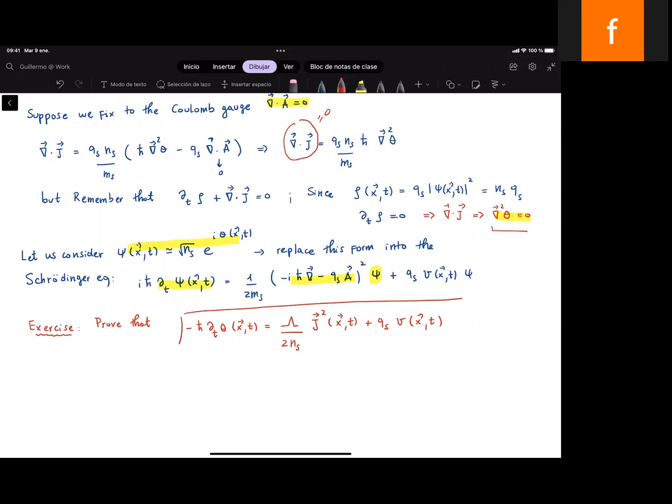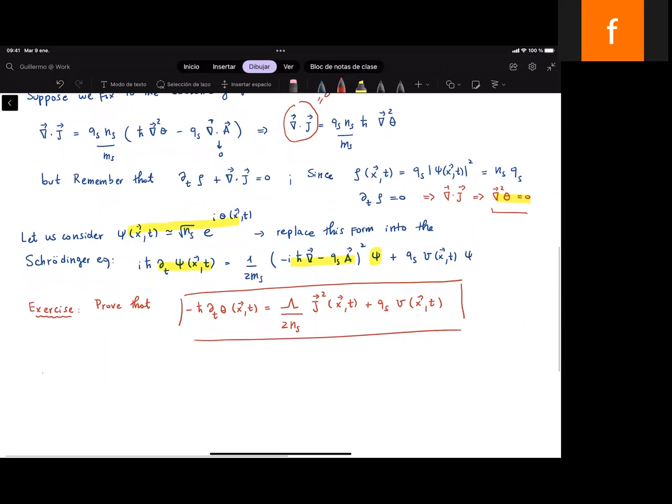You need to prove this relation, where this parameter is defined as m_s over q_s squared n_s. And this parameter is called the isotropic London coefficient.